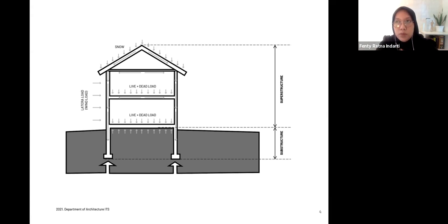So wall becomes a very important part when we are trying to discuss design, specifically related to the structure itself. And as you can see here, wall has the ability to support and distribute the load from the upper part. That's why we have load-bearing wall and non-load-bearing wall.